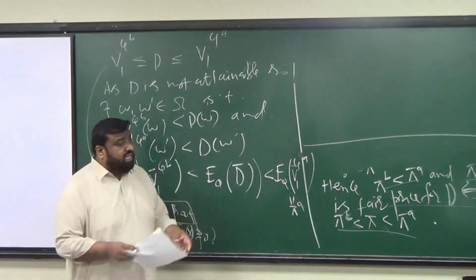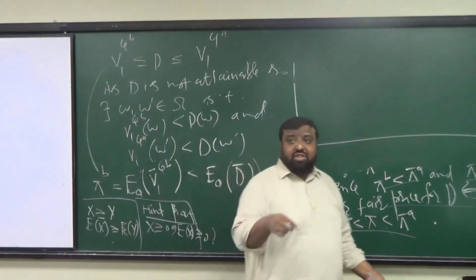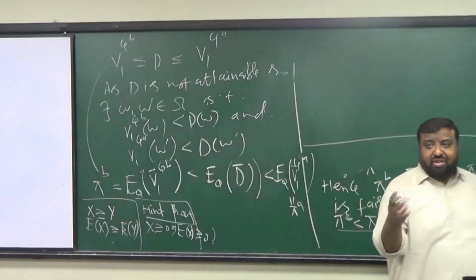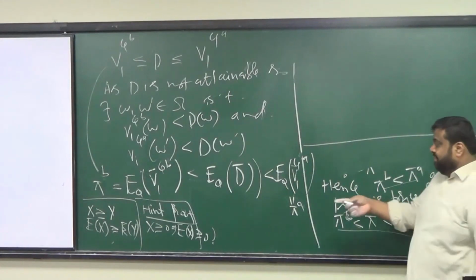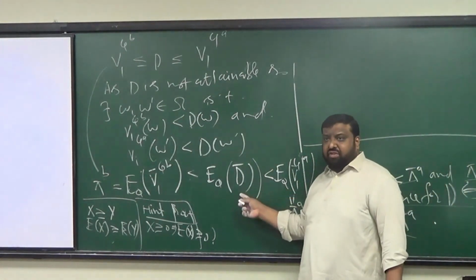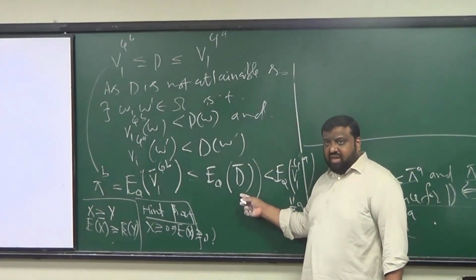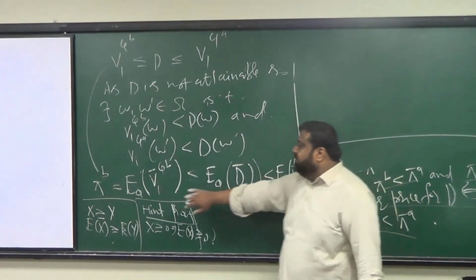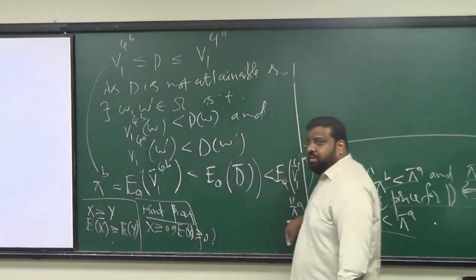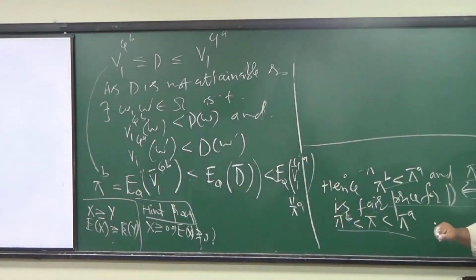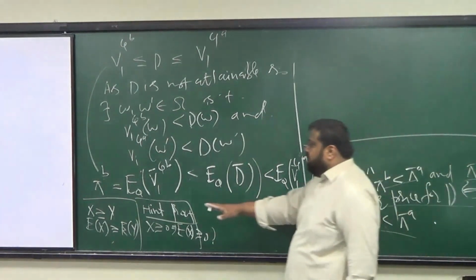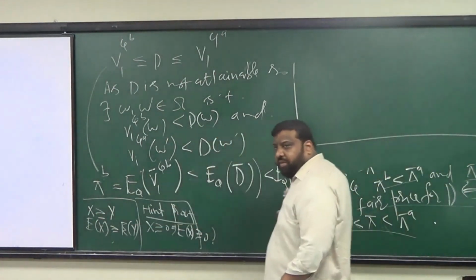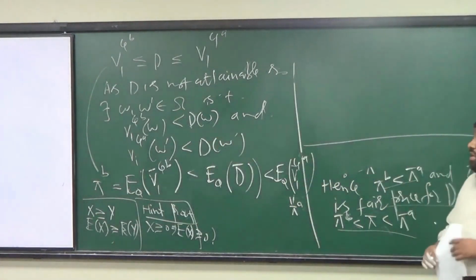And EQ of D bar is what? It is the fair price of the derivative. So this analysis shows that it should always be sitting between pi b and pi a. So it proves that this is a good range for the fair price.